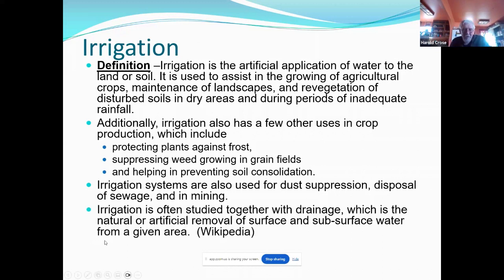And irrigation is often studied together with drainage, which is the natural or artificial removal of surface and subsurface water for a given area. And I know, again, in the Columbia Basin and the Kittitas Valley and some in Yakima, if they didn't put in subsurface drainage, they would probably have real problems with artificial wetlands and those types of things. So understanding the drainage is critical.